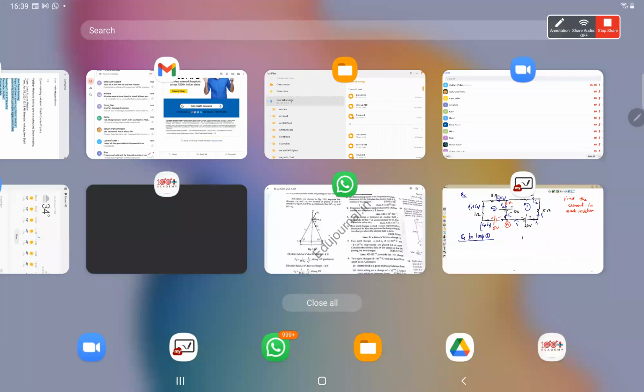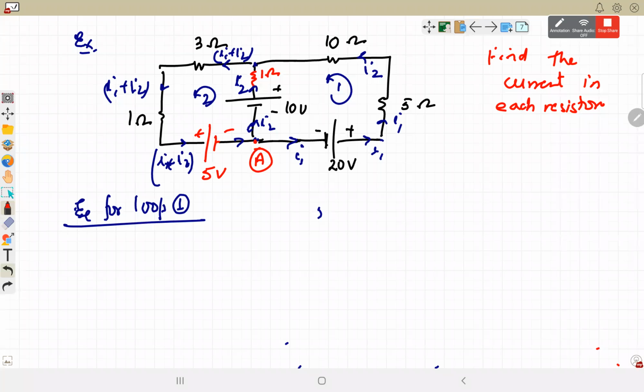Loop 1 की equation from point A क्या होगी equation आशुतोष? आशुतोष. Yes sir.